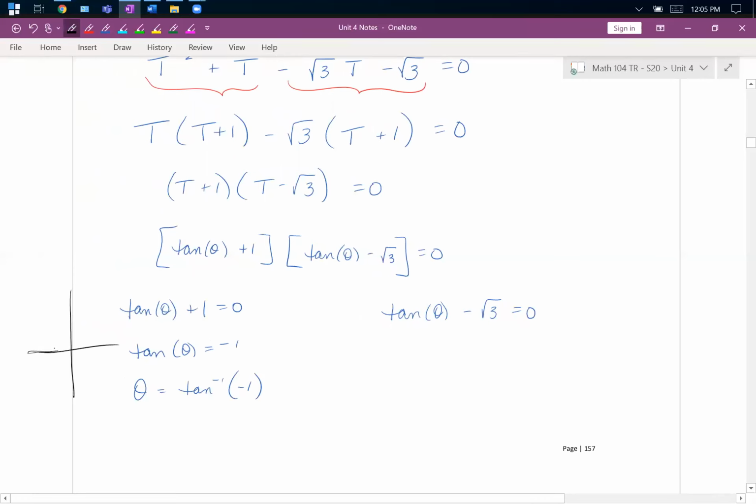Tangent is 1 when we have a 45-degree reference angle. So our angle in quadrant 2 is 135 degrees, and then our angle in quadrant 4 is 315 degrees.